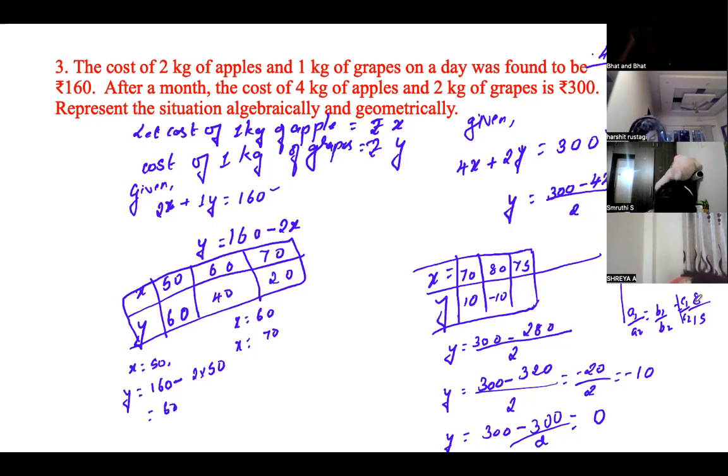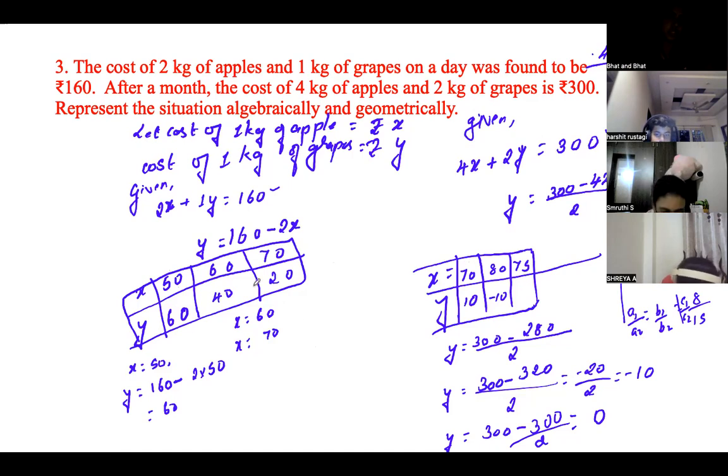Yeah, they're parallel. Okay. So we can tell that they are parallel from the coordinate points only. See, if they are intersecting lines, then out of 3 coordinate points, one of them will be the same for both the first equation and the second equation.